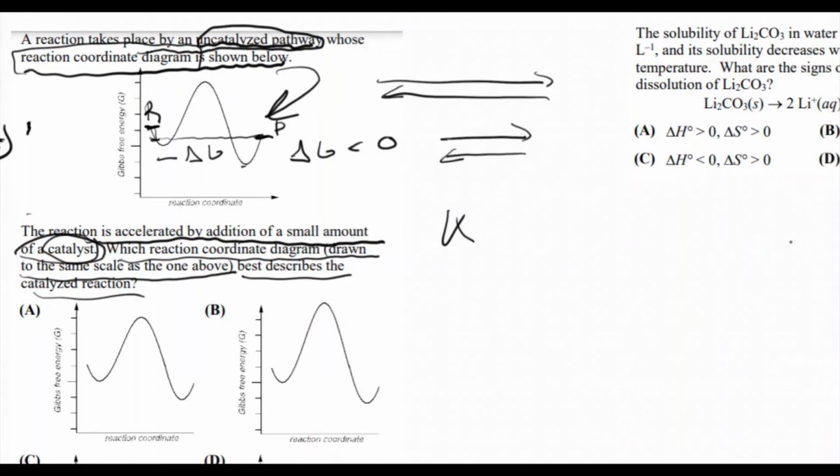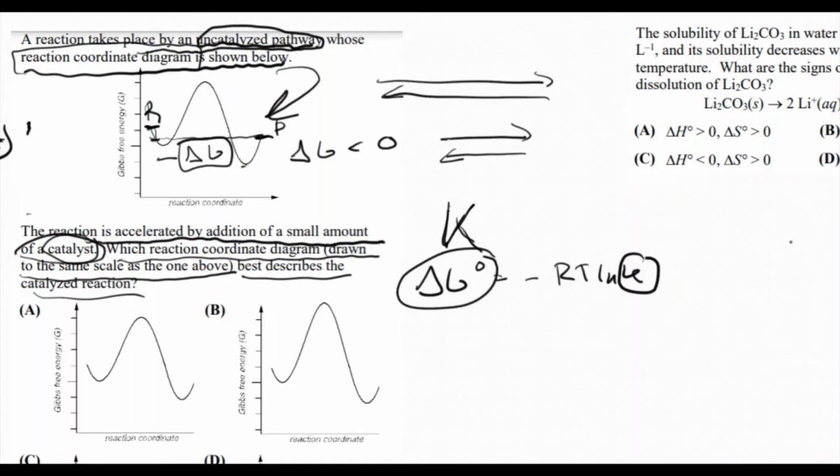So what does this mean? Well, this means that the K won't change, and because delta G naught is equal to negative RT ln K, if K stays constant, then you can be sure that our delta G stays constant. And that means that in this reaction coordinate diagram, the delta G will stay the same.